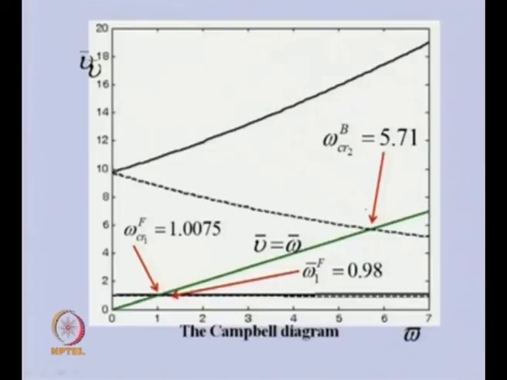Another thing you can see is that at zero speed, both the frequencies which got split because of the gyroscopic couple converge to the same place. At zero speed these two values are at the same place because the gyroscopic couple is not there. So, this splitting is due to the gyroscopic couple.